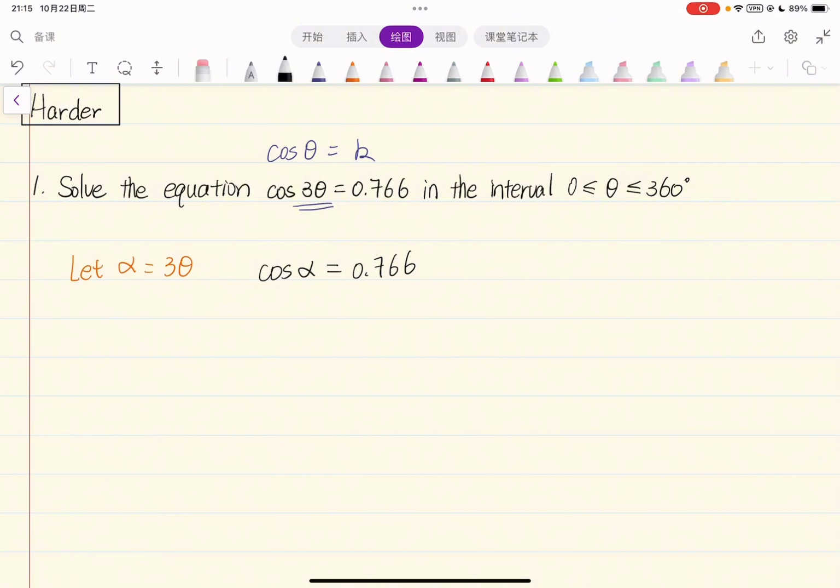And then we also need to find the interval of alpha. Since alpha equals 3 theta, then the interval of alpha should be alpha less than or equal to 360 times 3 and greater than or equal to 0 times 3.